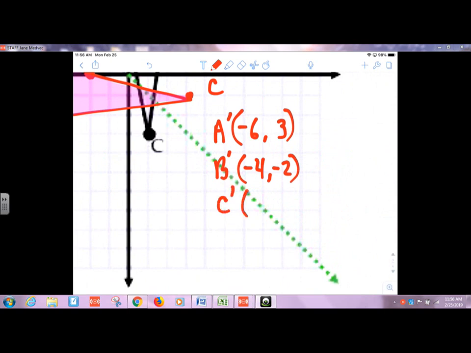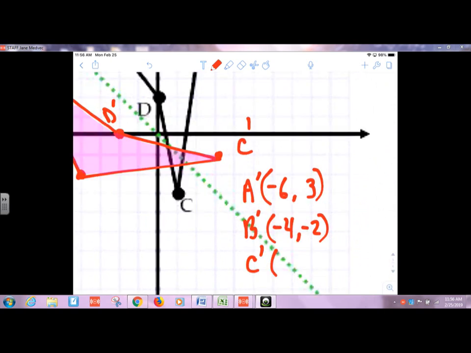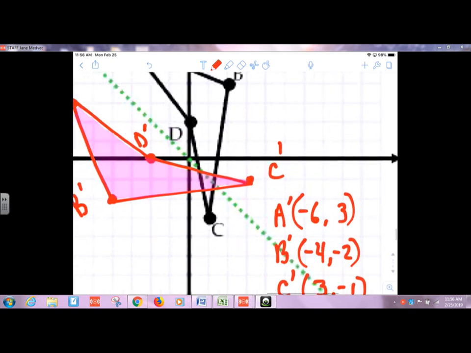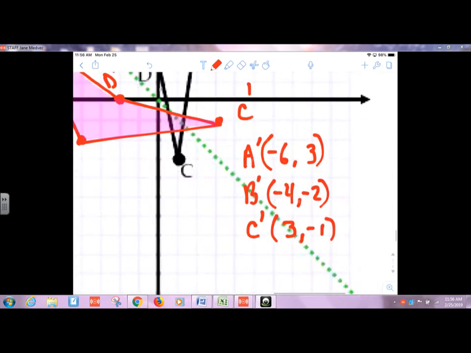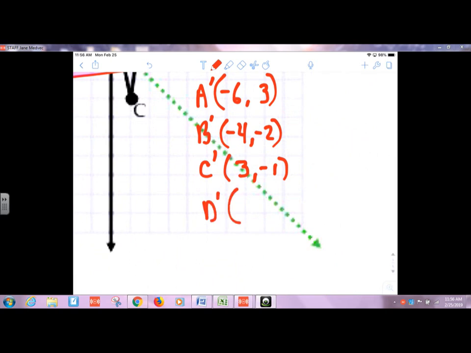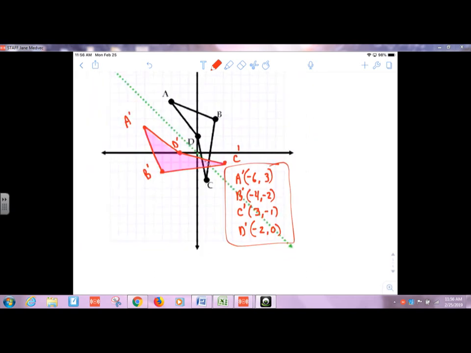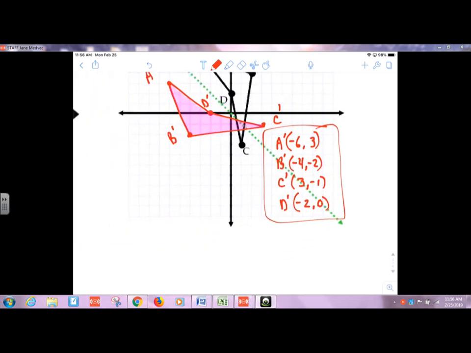C prime is going to give me positive 3, negative 1, so 3, negative 1. And D is negative 2, 0. So D prime is negative 2, comma, 0. So again, when you do these, I not only want to see that shaded in figure, but I also want to see the ordered pairs.